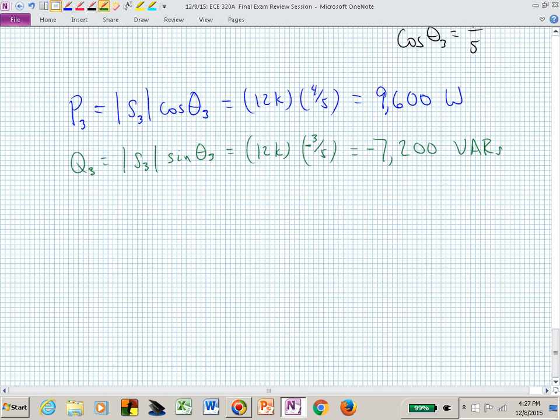And if we sketched that, we would have a real part of 96, a reactive part of 72, and our complex power is now there. Questions on that?